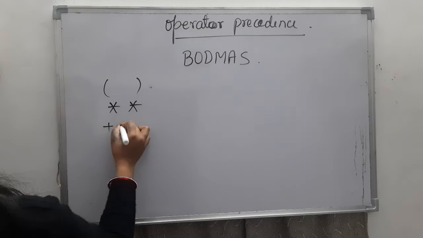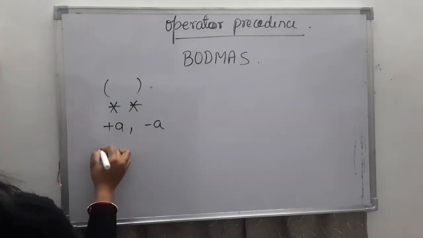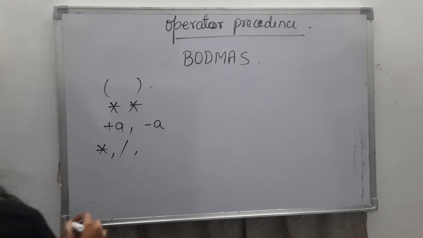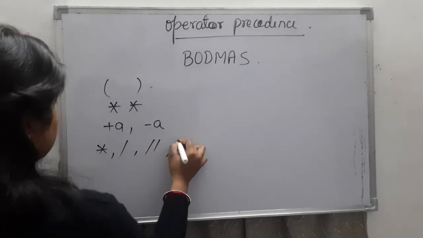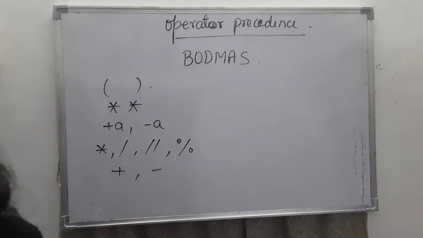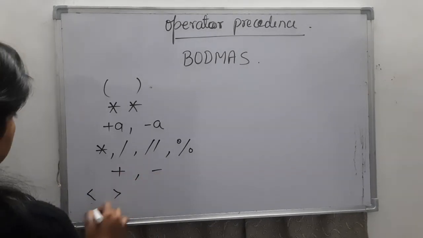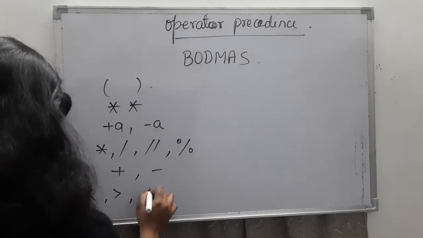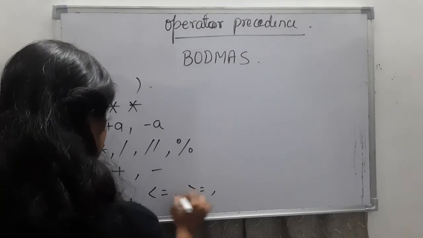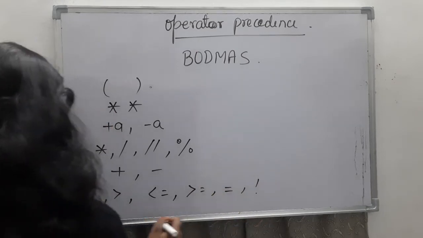After that, the ordinary operators. After that, multiplication, then division, then floor division, then modulo division. After that, plus, then minus, then the relational operators: less than, greater than, equal to and not equal to.